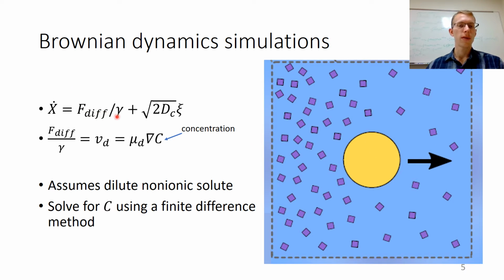So this term is the diffusiophoretic force term. This diffusiophoretic force term is equal to the drift velocity, and when we assume that the solute is dilute and non-ionic, it's equal to a constant mu times the gradient in the concentration of the solute. So if we know the concentration field, we know the dynamics of the particle. We solved for the concentration using a finite difference method over a grid of points.